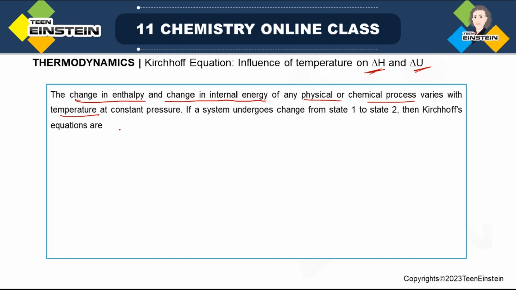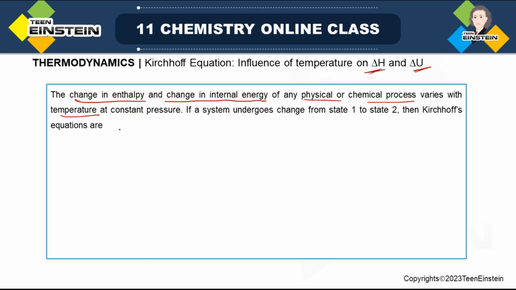Now when it is temperature T1, there is a particular value of del H, del U, and when you are doing it at temperature T2, there is also a different del H, del U. Now del H at temperature T1 and del H at temperature T2, how it is changing when you have changed the temperature from 1 to 2, that we can understand from Kirchhoff equation.